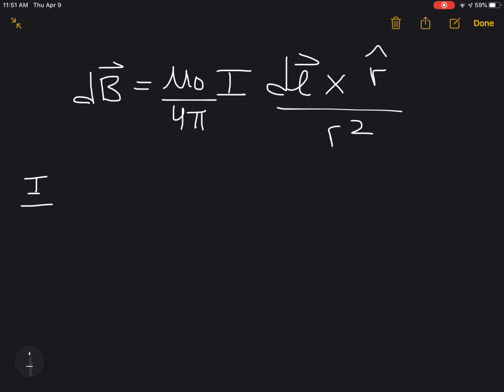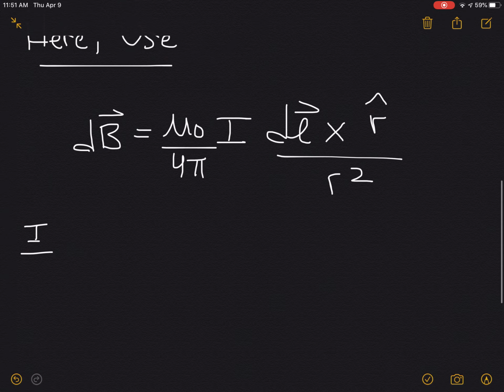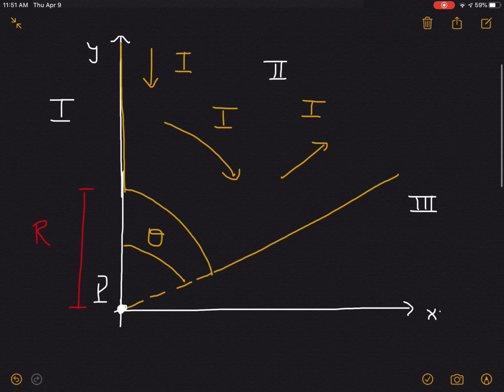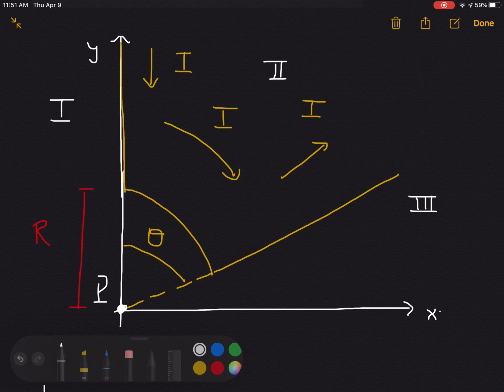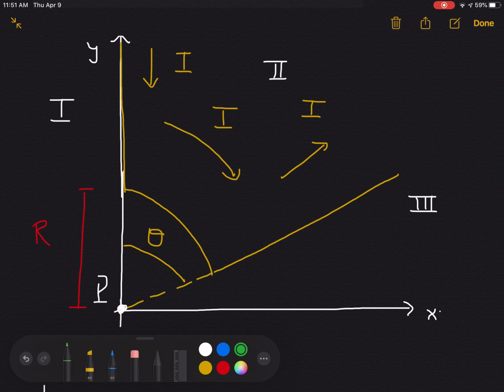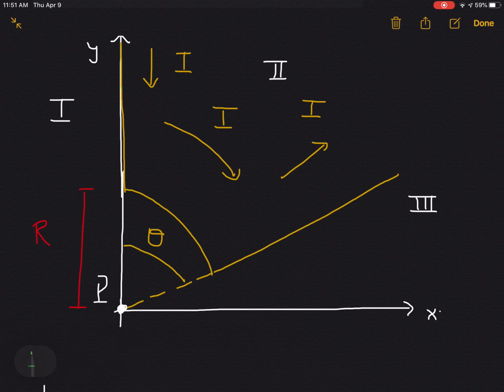So the vector r points from, actually let me draw the picture just so we can see what we're talking about. Take a little wire segment, dl, to be along the direction of the current. So it's going down like this. This is dl.